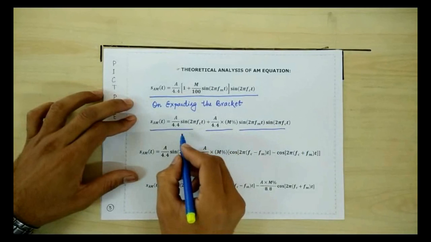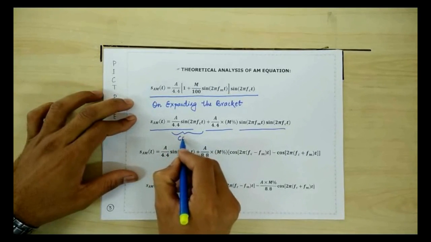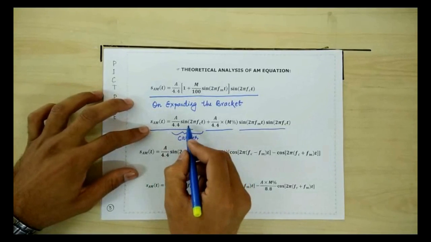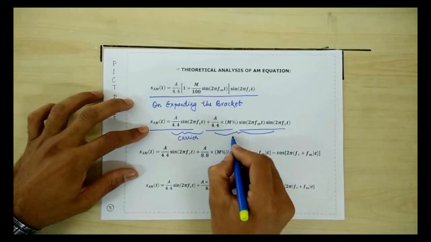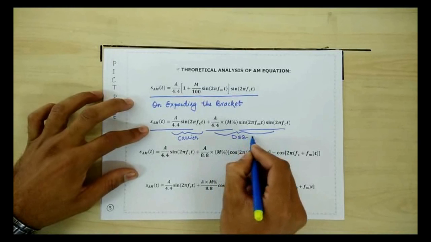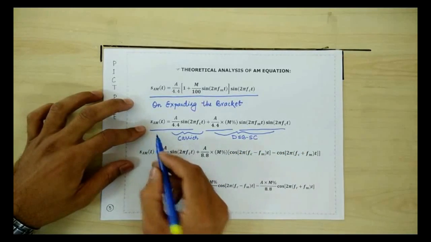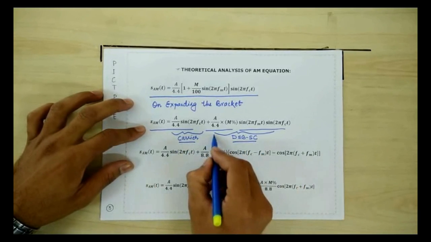So if you can see, this is our carrier term, which does not include the message, and this is basically our DSB-SC signal. So as we know, conventional AM is DSB-SC plus carrier.